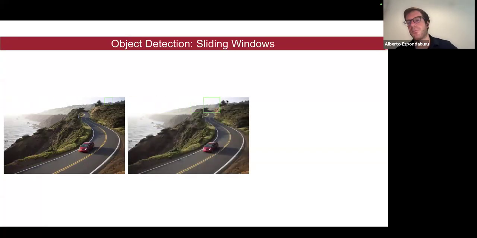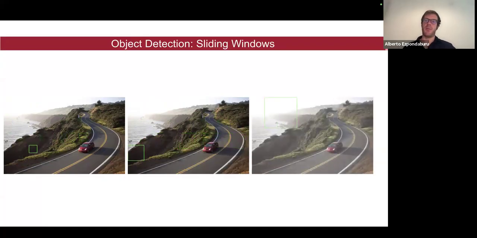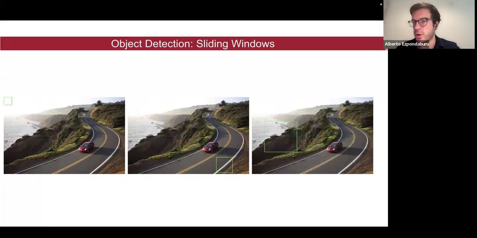You can increase the size of the window and detect where we have a car or where we don't have a car. What happens here? By definition, executing a convolutional neural network is very time-consuming and very expensive. You are having a lot of operations, and you cannot run this convolution like 1,000 times.